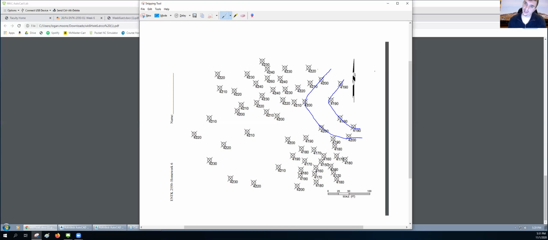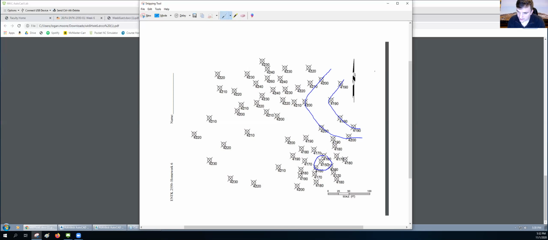So I just want you to draw your own contour lines, what you think these would look like, right? So right here, 4160 looks like the lowest point on this side. Actually, 4150. So I'm going to connect these 4160s together.